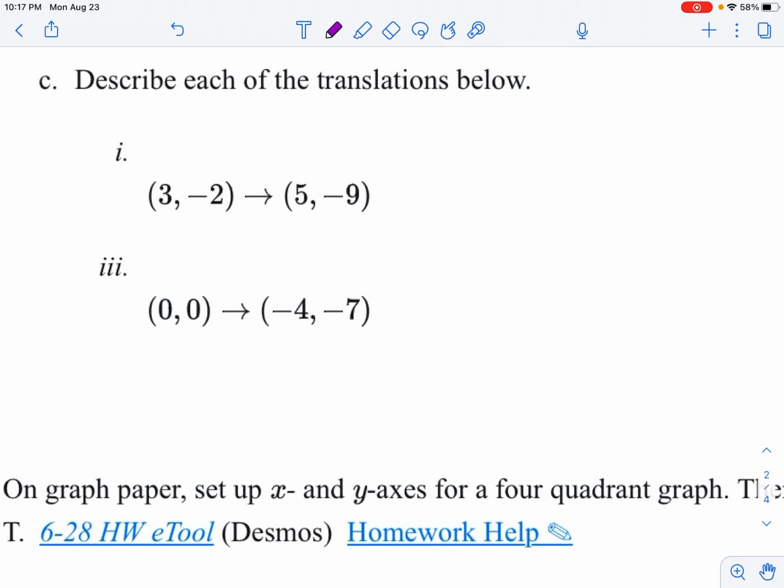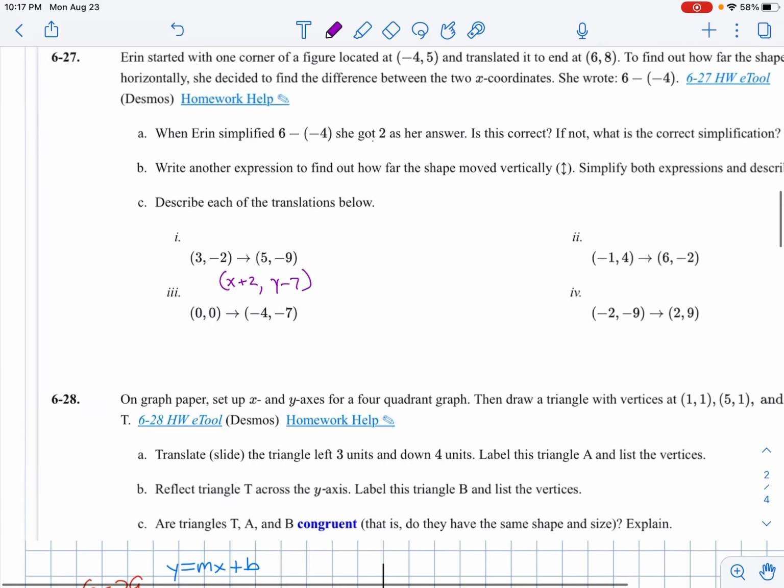Well, you just got to figure out what they did to the 3 to get to 5. Looks like they added 2. So that would be x plus 2 for the x part of it. And then the y, getting from negative 2 to negative 9, looks like that went down 7. So you would write y minus 7. And that is the translation for that one.